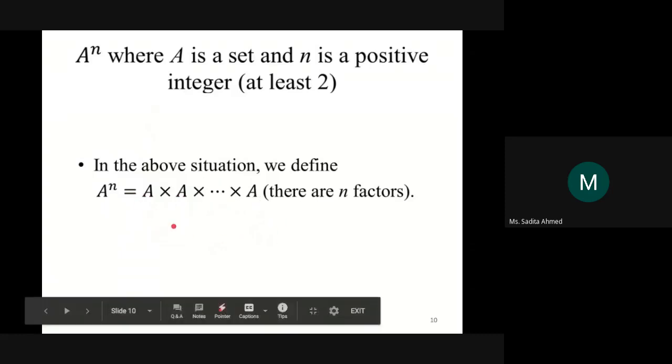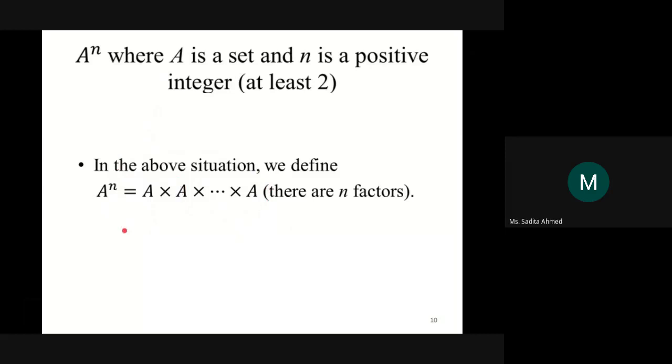Okay. So we will show you that it is possible to find the size of a Cartesian product by applying the product rule. That is, the formula for the size of the Cartesian product is found using the product rule indeed. Okay. So before that, let's just go back to our concept of Cartesian product in set theory.